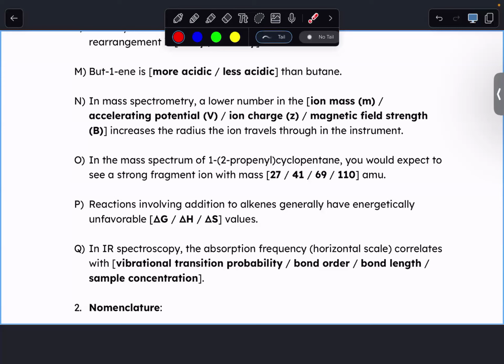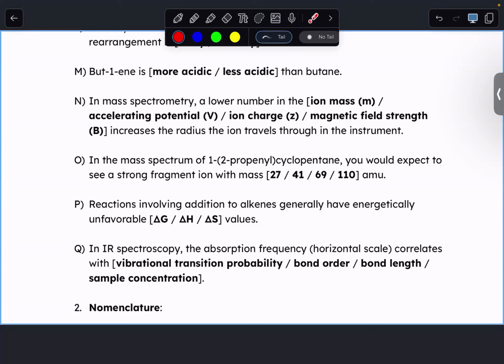So if it's alpha cleavage, are we considering the first carbon? What are we considering alpha cleavage and so on? Okay. When we talk about alpha cleavage, that's talking about an electronegative atom, like oxygen. If you have a double bond, it's beta cleavage, right?